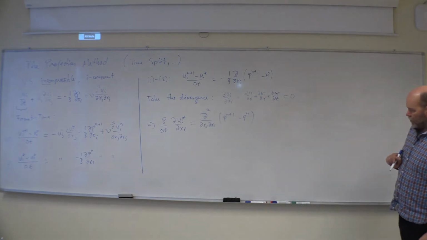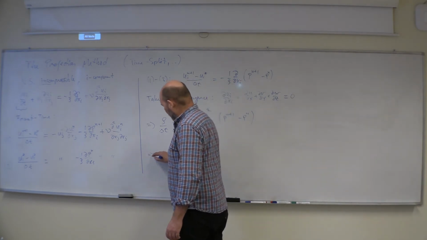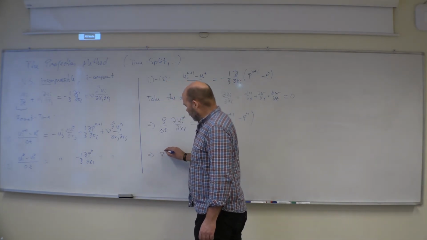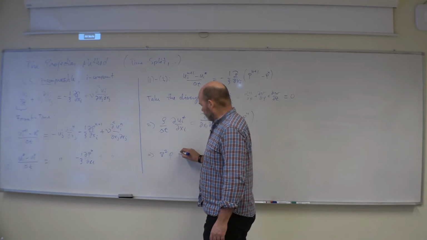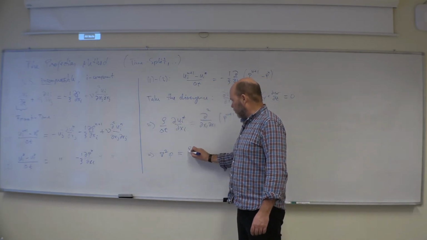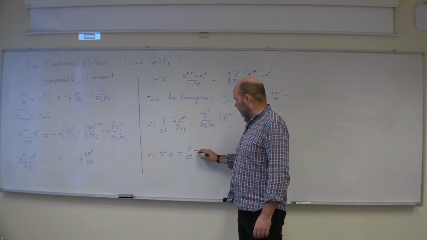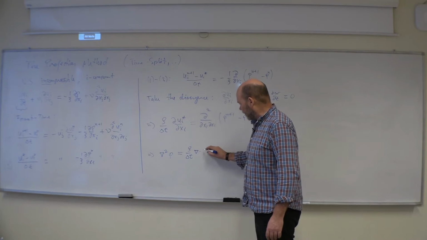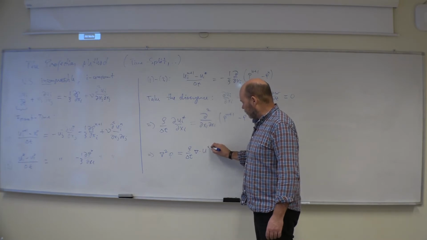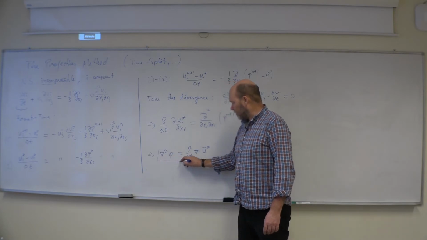And this one you can now write in vector notation: nabla square of the pressure equals rho over delta t multiplied with the divergence of this tentative velocity field, say u star vector. There you have it.